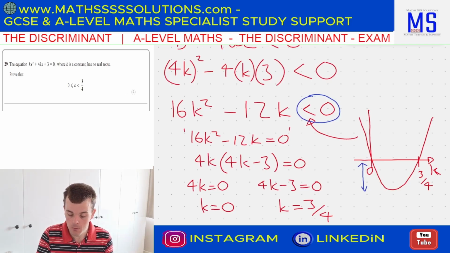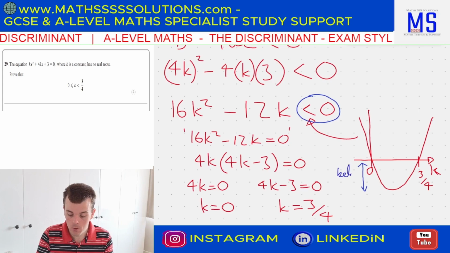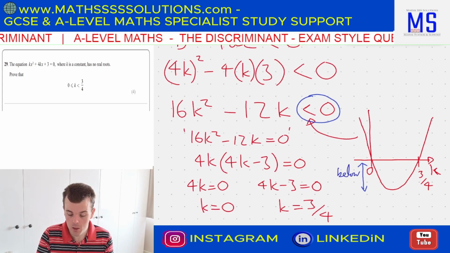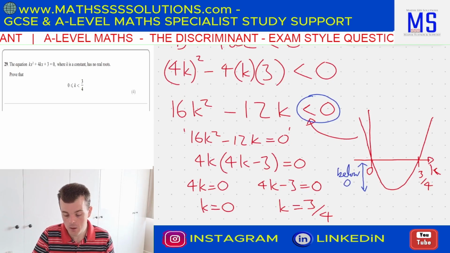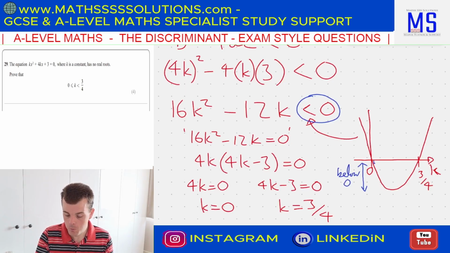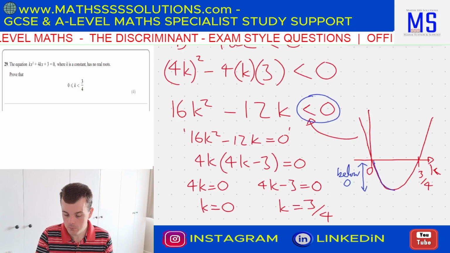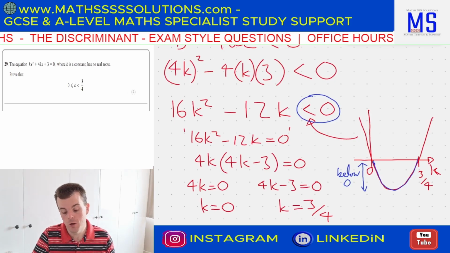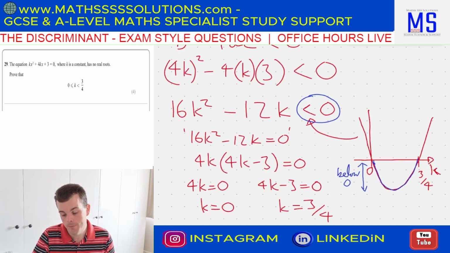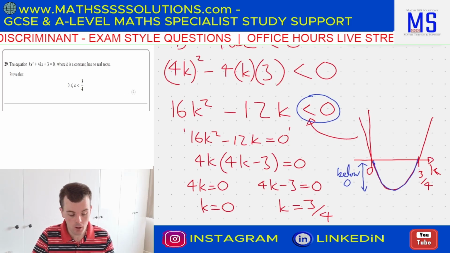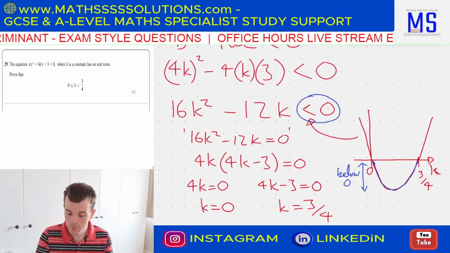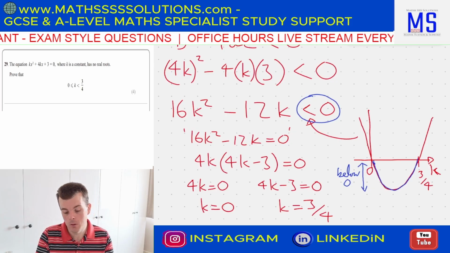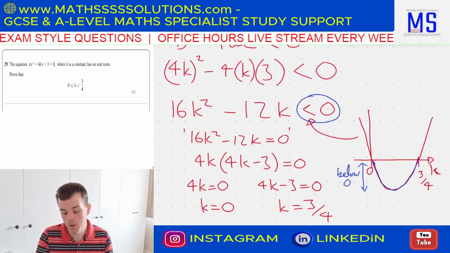Where is that below 0? Well, it's where the curve dips below the k-axis. So it's this part of the curve. These are the values of k you can sub in so that the quadratic results in a negative number. So if we're talking about that part of the curve, which values of k give a value out that's below 0?